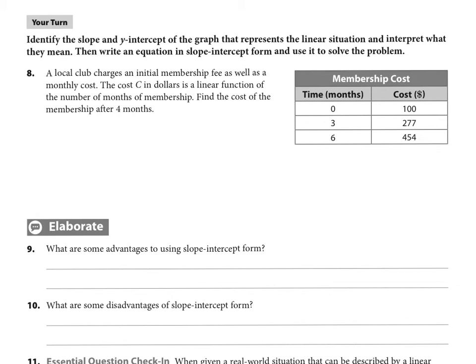First, what do we have in the table already? I have the starting cost, the 0 term. In other words, that's my what? That's my B. That's my y-intercept. Exactly.